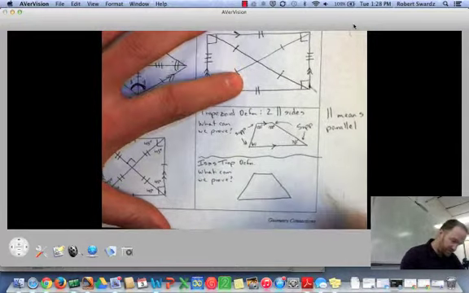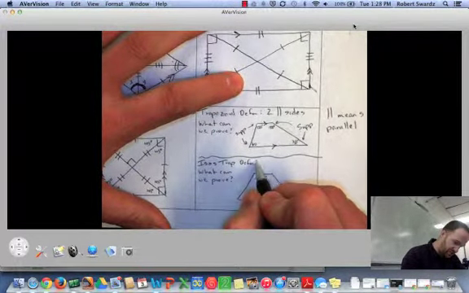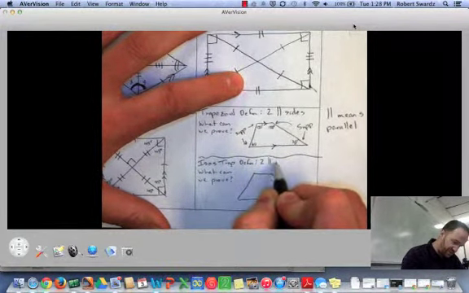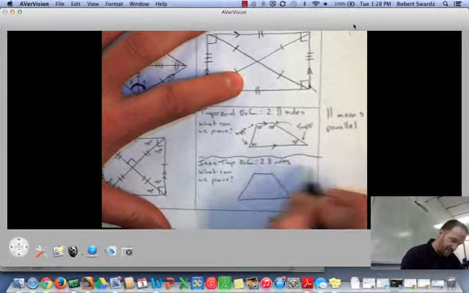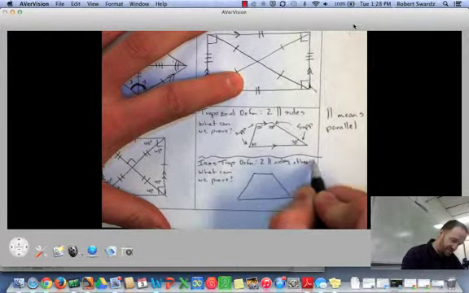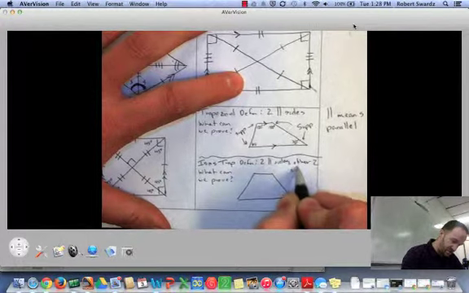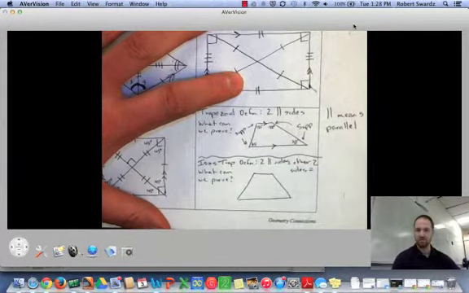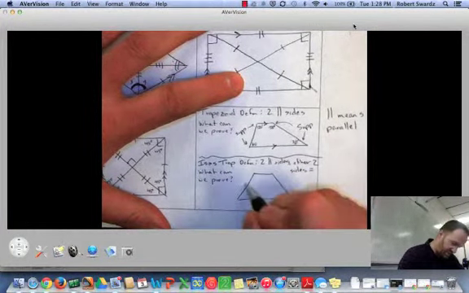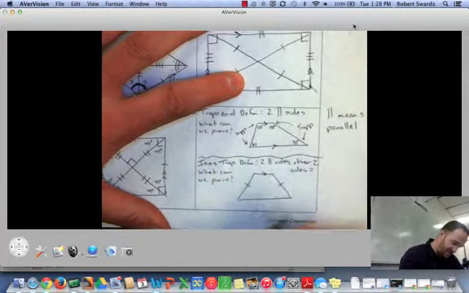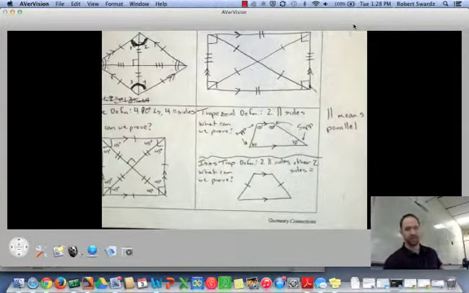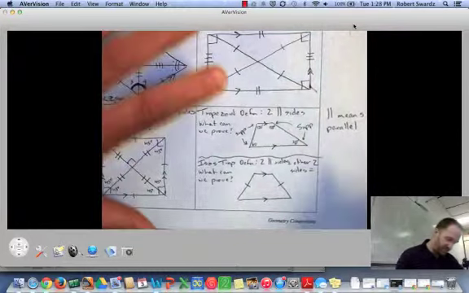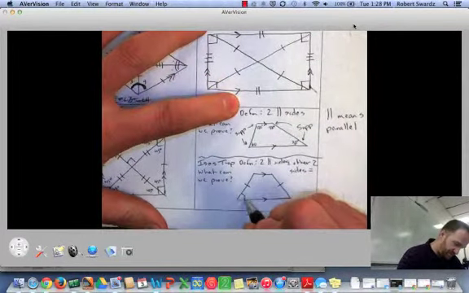Isosceles trapezoid, definition is two parallel sides. There's that symbol again. And the other two sides are equal. So these two sides are equal. These two are parallel. There's a couple different things you can prove about these.